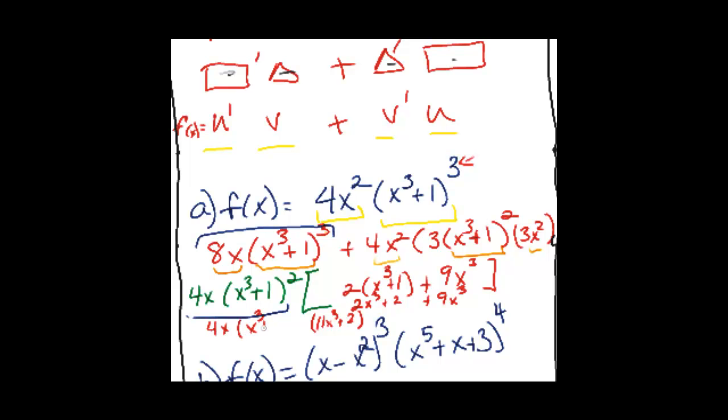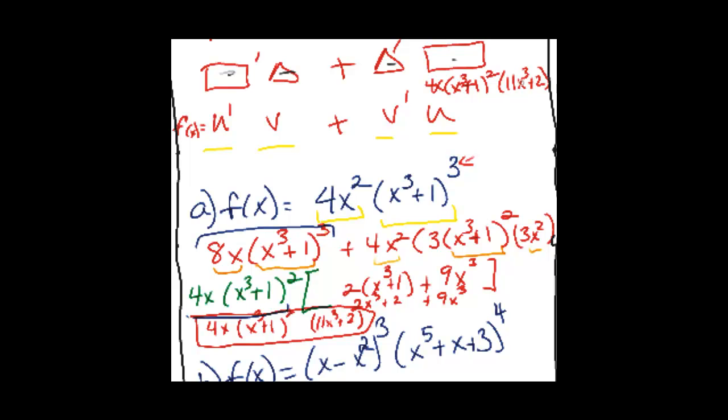If you wanted to, you could distribute this 4x through, but I don't have much space. So the answer here is 4x times x cubed plus 1 squared, which we factored out, and then times an 11x cubed plus 2.